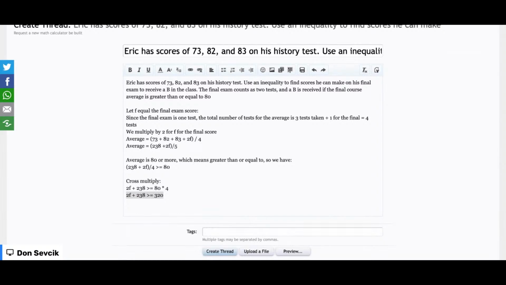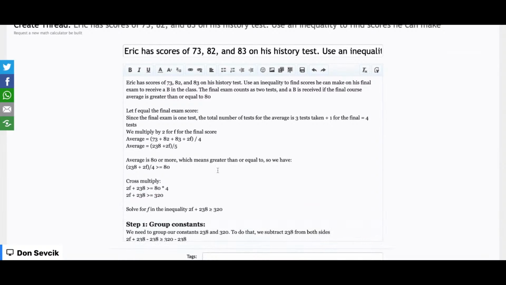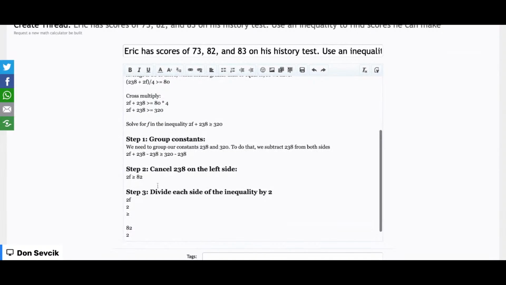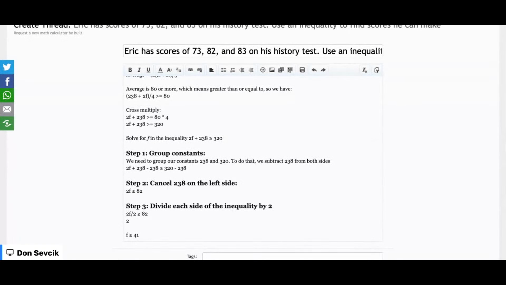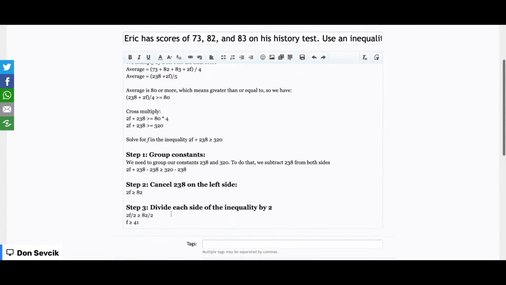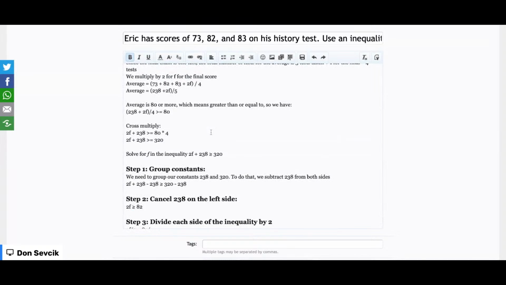I'm going to go off screen here real quick and steal the math from our calculator. All right, here we go. Okay, so this is straight out of our calculator. 2f divided by 2 greater than or equal to 41, which seems kind of odd.